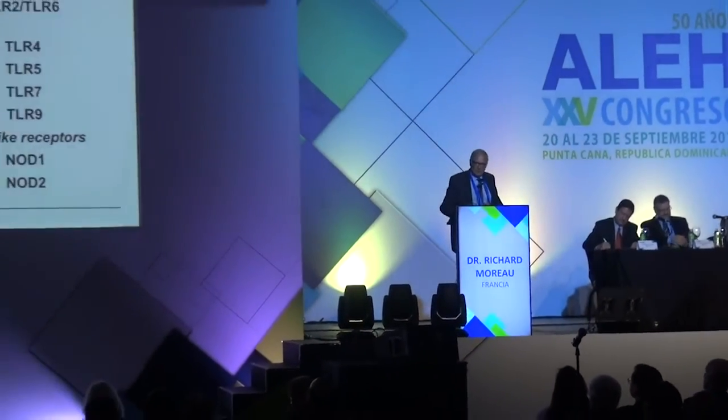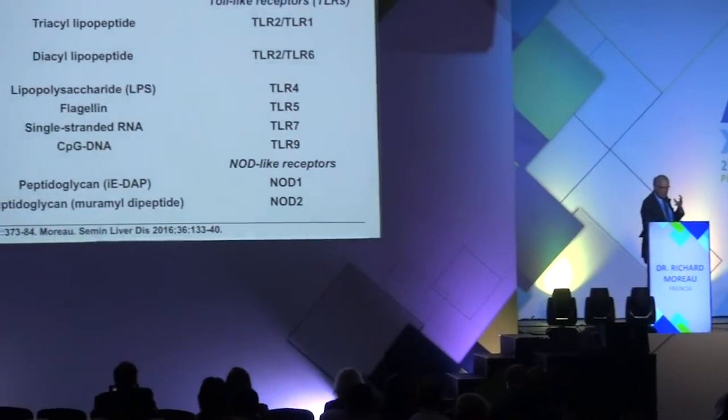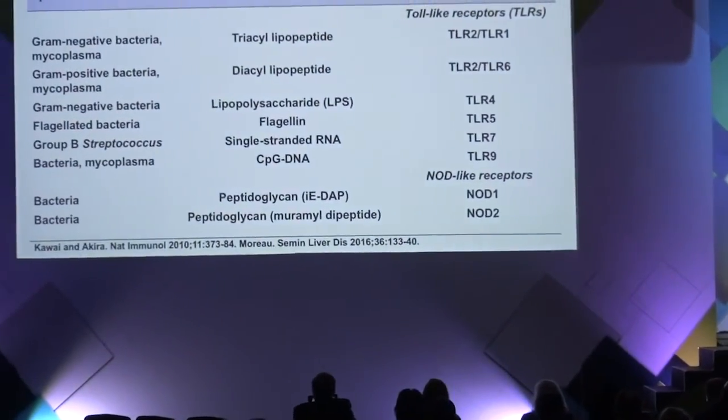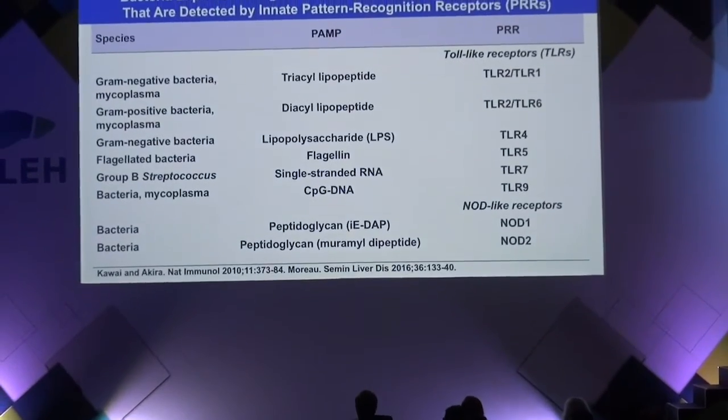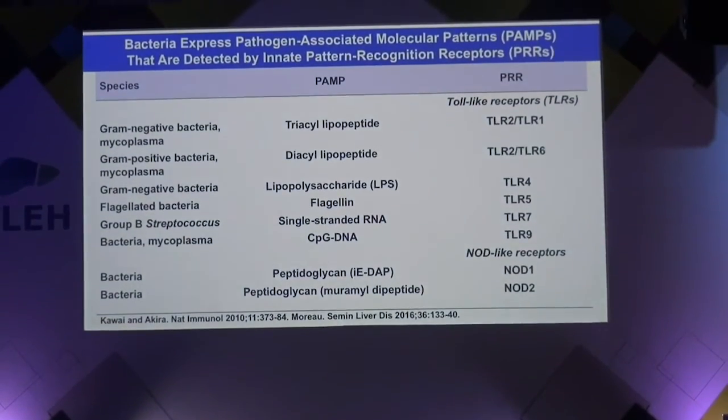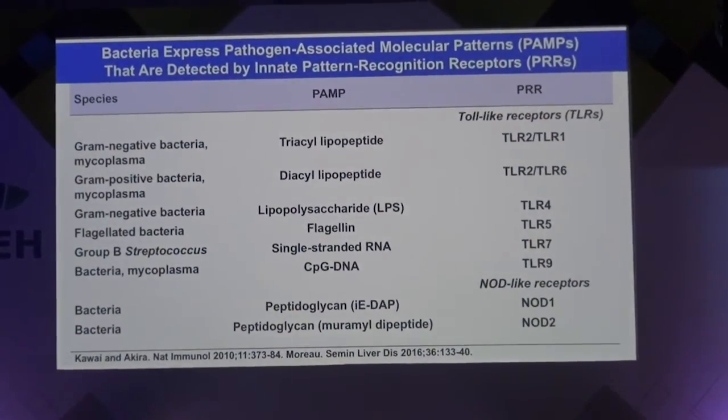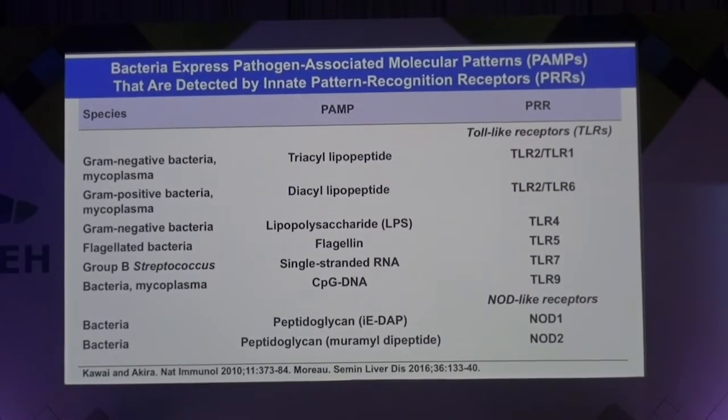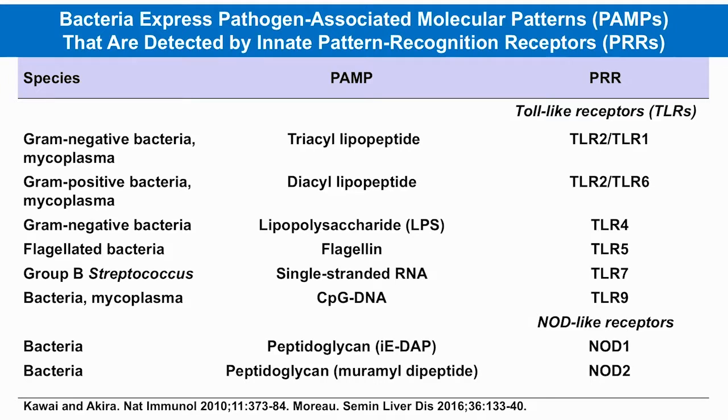First, bacteria express unique molecular structures, which are called PAMPs, pathogen-associated molecular patterns, and these molecules are detected by receptors which are expressed in the innate immune system. These receptors are called PRRs, pattern recognition receptors.